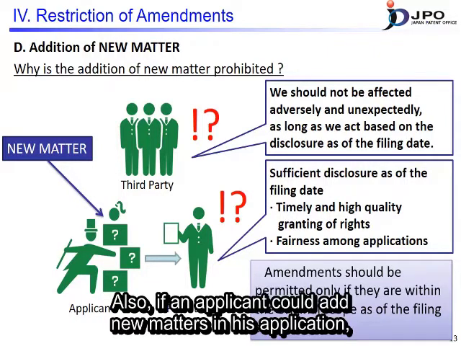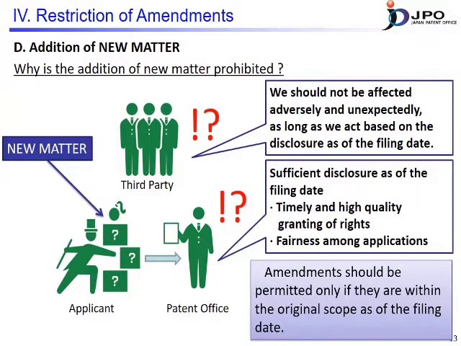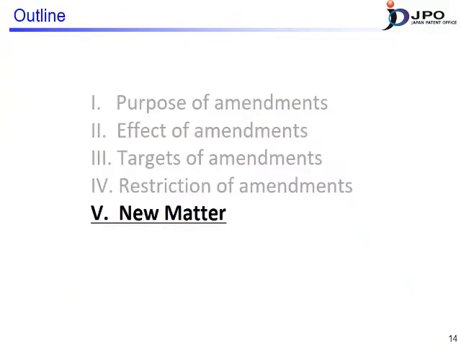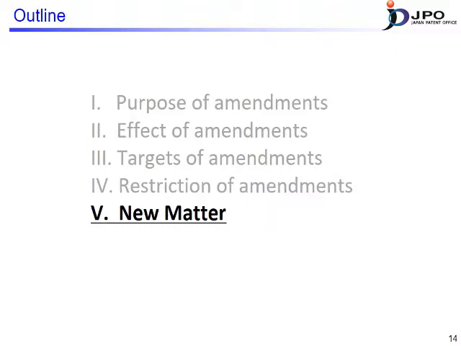Also, if an applicant could add new matters in his application, third party would be affected adversely and unexpectedly. Therefore, amendments should be permitted only if they are within the scope of the filing.